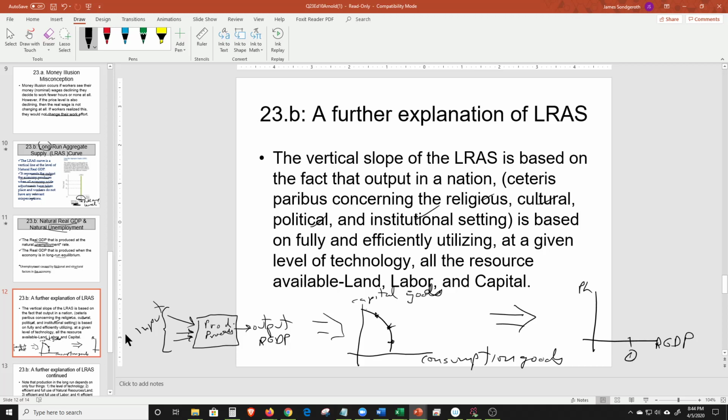And this is what we call full employment output. We're producing on the frontier. And we have a vertical long-run aggregate supply curve, okay? And this land, labor, and capital, these are the inputs right here, obviously, okay?